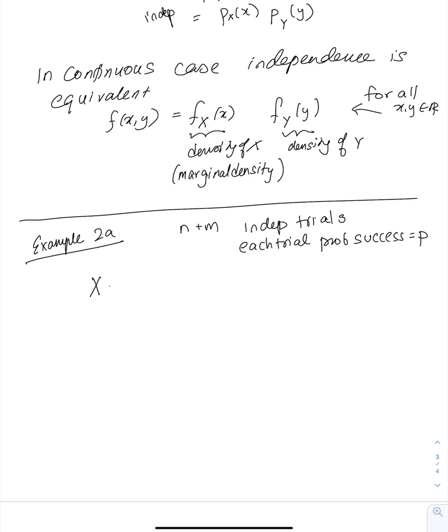Now, x is the number of successes you see in the first n trials. And y is the number of successes you see in the next m trials.